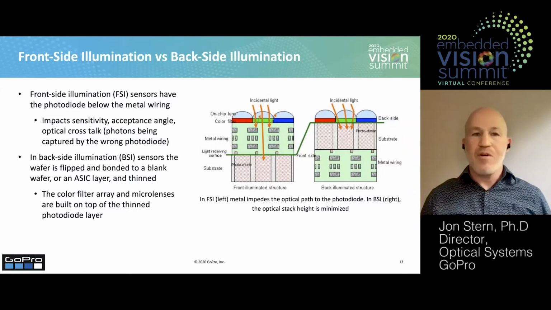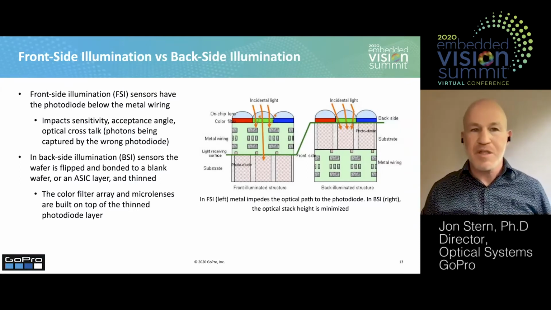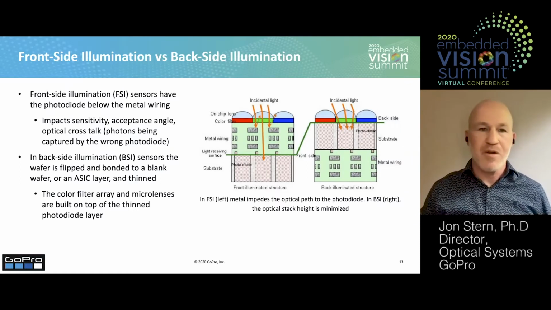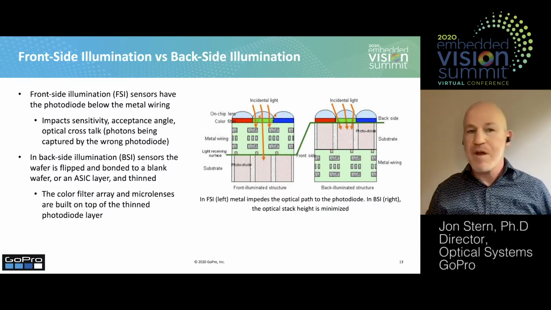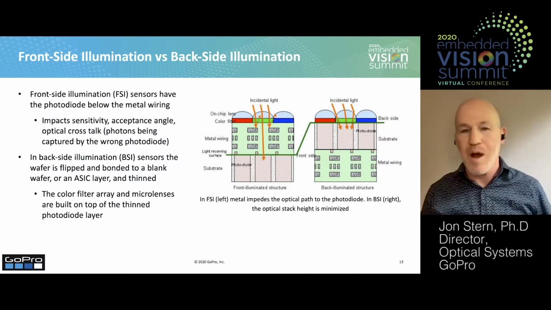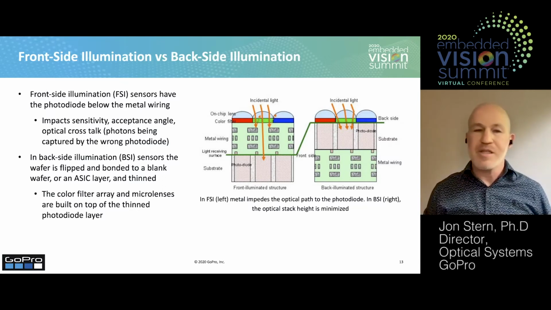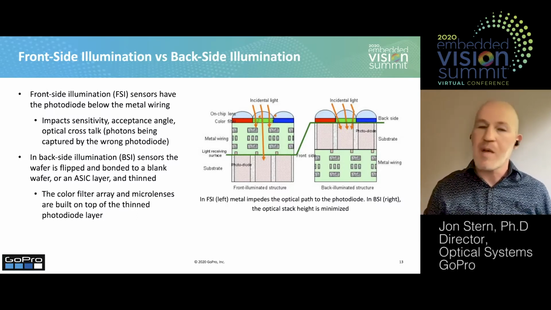At the pixel level, we have two dominant technologies, front-side illumination and back-side illumination. In front-side illumination sensors, FSI, we have the photodiode below the metal wiring. And this impacts sensitivity, light acceptance angle, optical crosstalk being photons that are captured by the wrong photodiode.